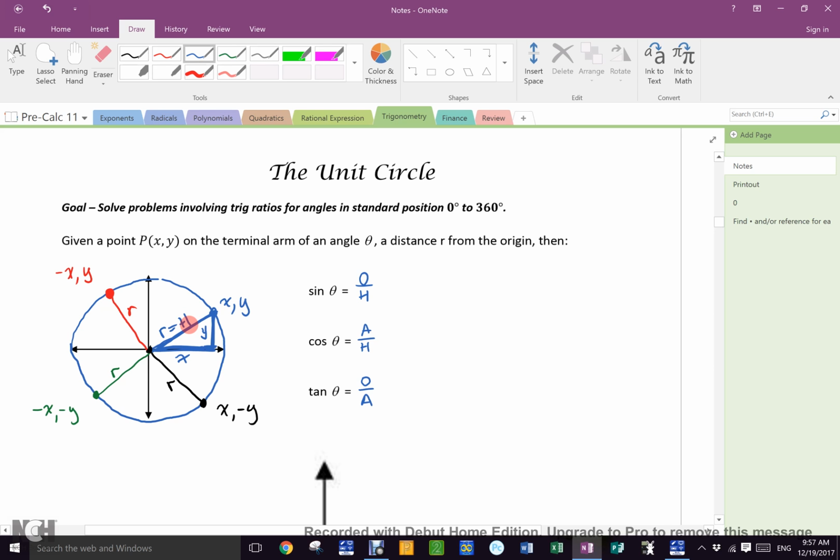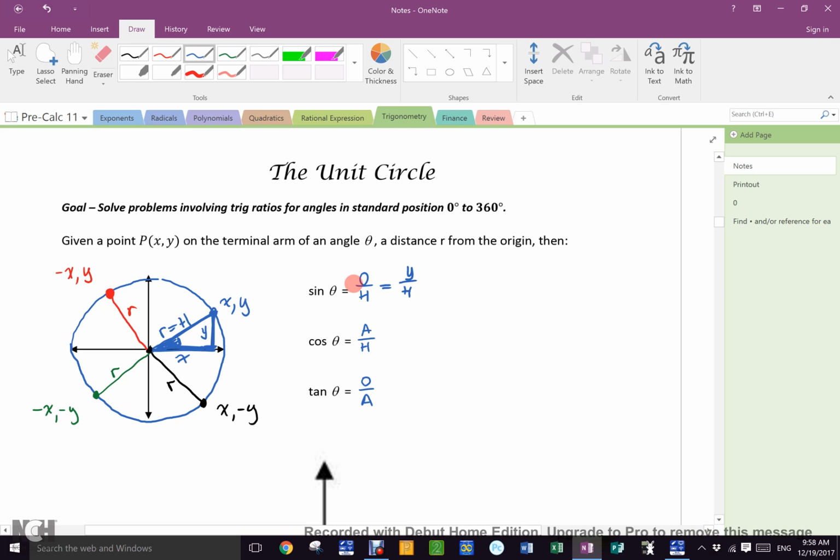Now, you guys are smart kids. This is my theta, yes? This colored in corner, agreed? Everyone agree? Okay. What is sine of blue theta? Y over H. Whatever that Y value is, it's the opposite, isn't it?